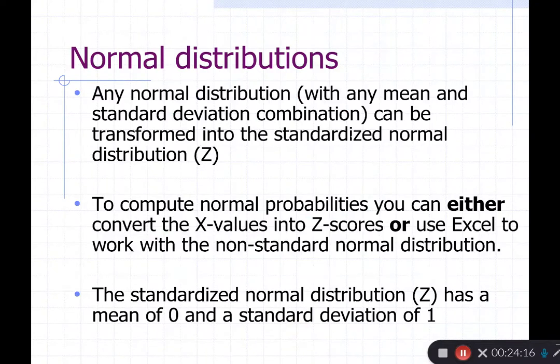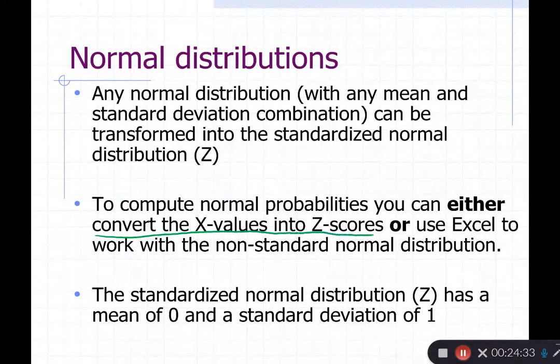So if we're using Excel, to compute the probability of something happening, you could do one of two things. Convert your x values into z-scores.